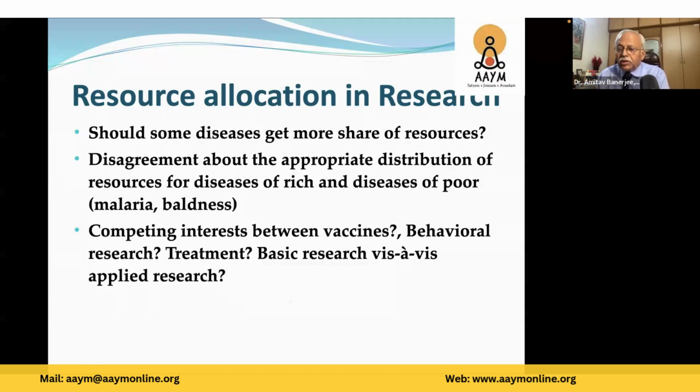So all these are dilemmas, and as we have said in the beginning, there are a lot of extraneous factors which trample upon ethics, like political pressures and financial conflicts of interest. The pharmaceutical industries have an interest in profit.